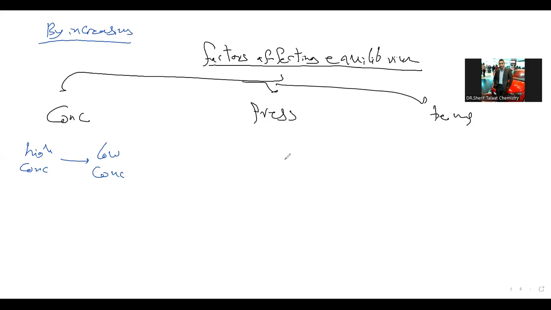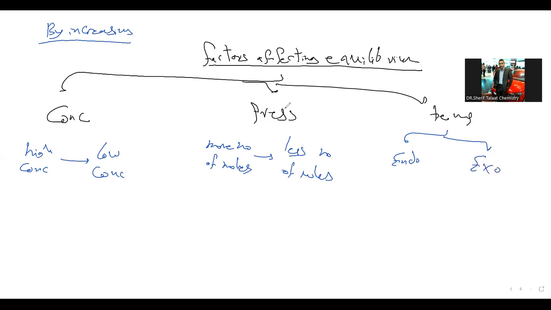By increasing pressure, the reaction moves from more number of moles to the less number of moles. By increasing temperature, it depends on the type of reaction, endothermic or exothermic.